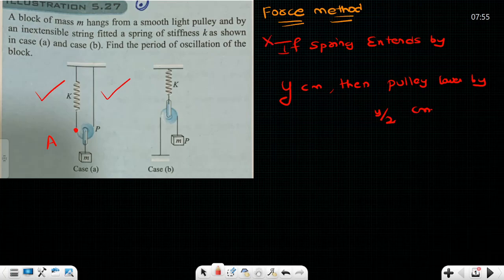This statement is the golden statement, please remember that. If the spring extends by y, then the pulley lowers by y by 2.